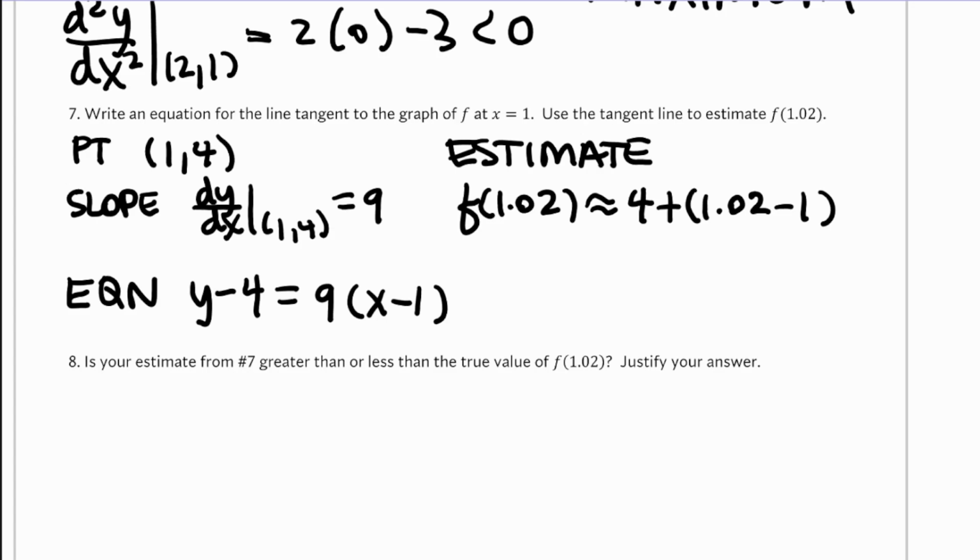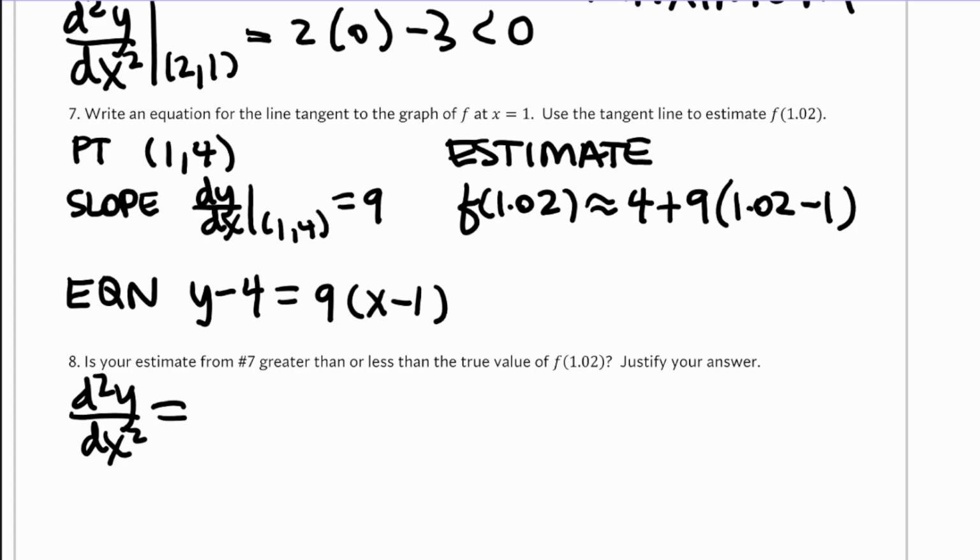Oh, whoa, I didn't copy in the slope. I made another mistake on that step. Plus 9 times 1.02 minus 1. Yeah, that's a little better.